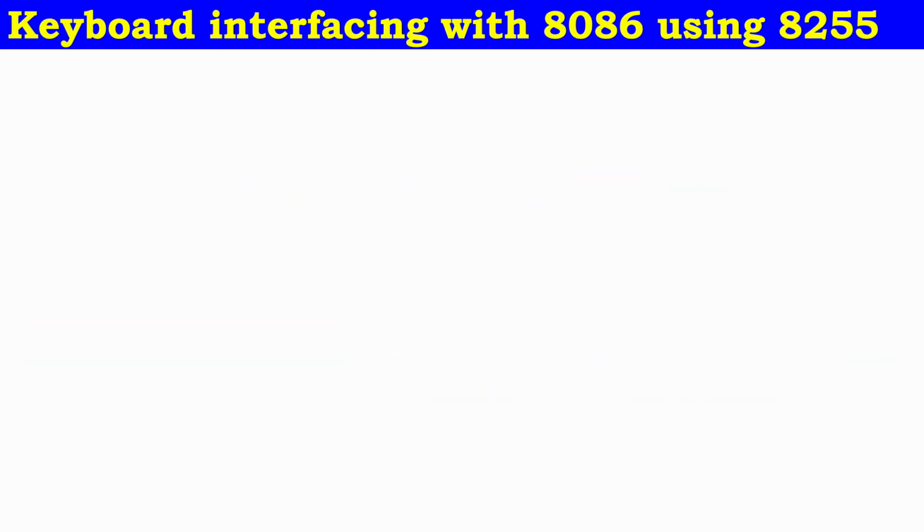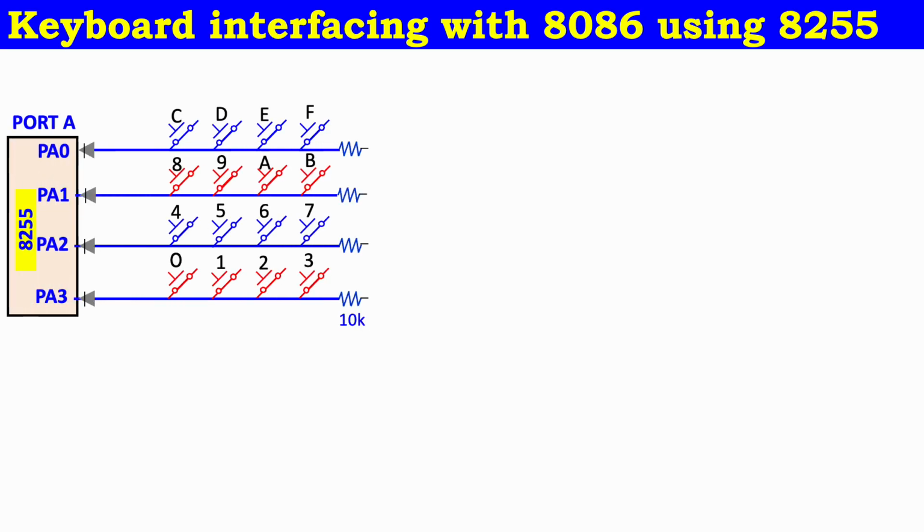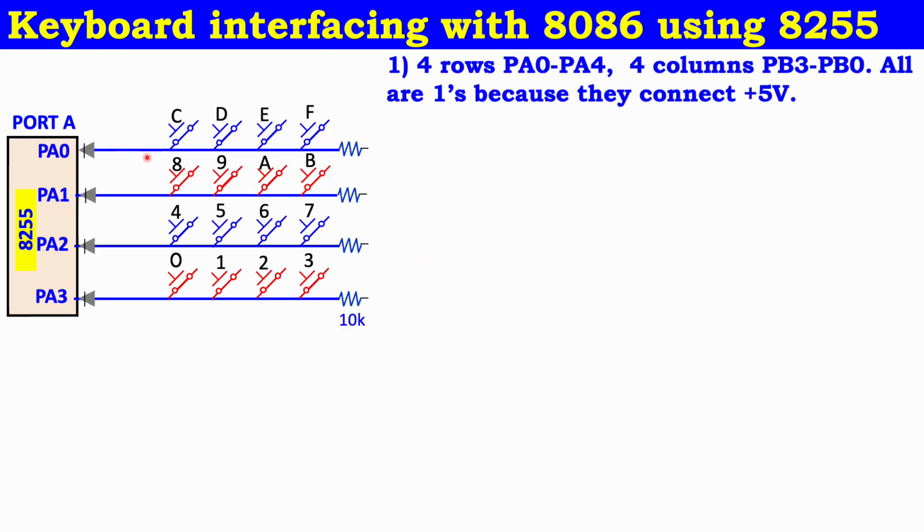Now let us see the entire operation of keyboard interfacing, how the keyboard works when we press any key from 0 to 9 and A to F. This is the simple circuit diagram, which we already discussed, having 4 rows and 4 columns.